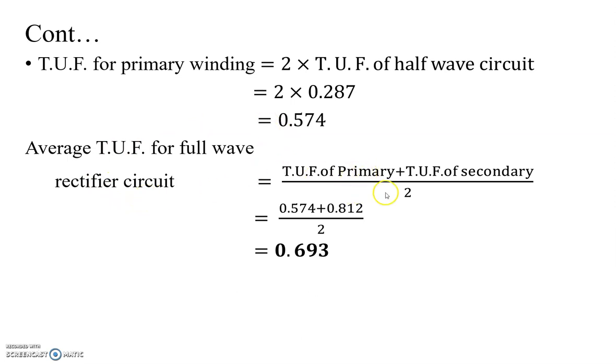Just substitute the values and find out the average transformer utilization factor for the full wave rectifier circuit, which is 0.693. So what is this? This factor indicates how much the transformer is utilized in the circuit, and is called the transformer utilization factor. So in the full wave rectifier, the transformer gets utilized more than in the half wave rectifier circuit.